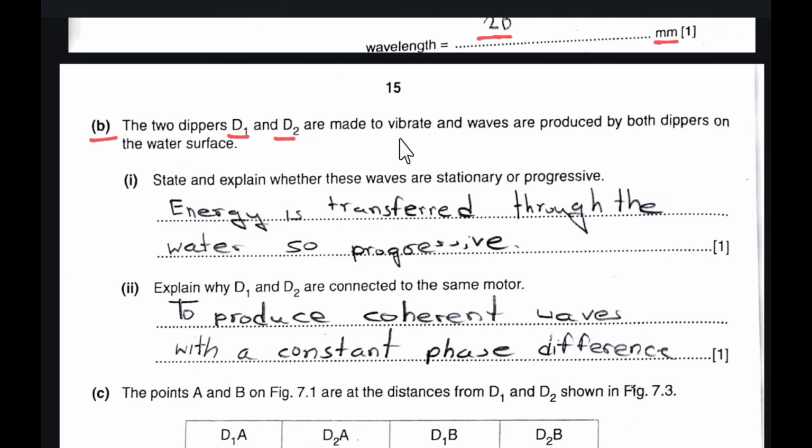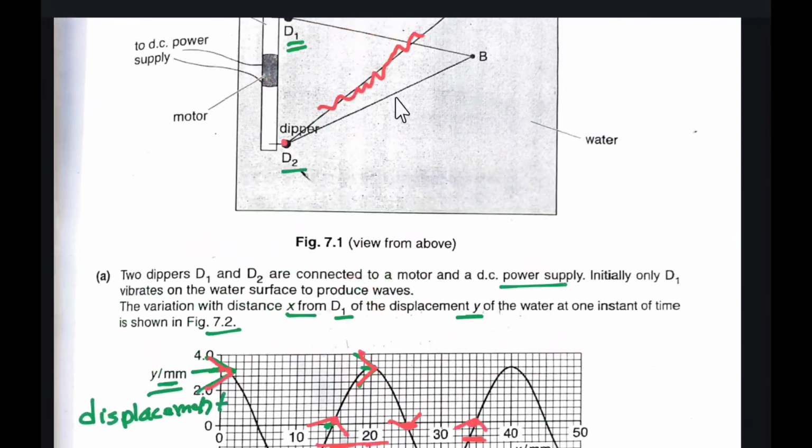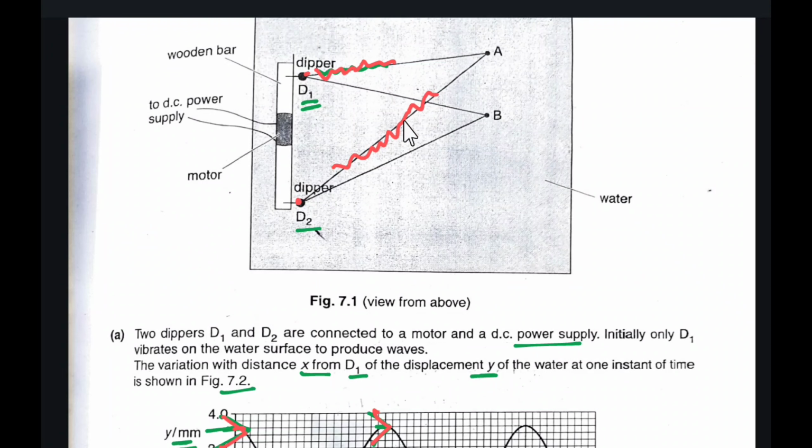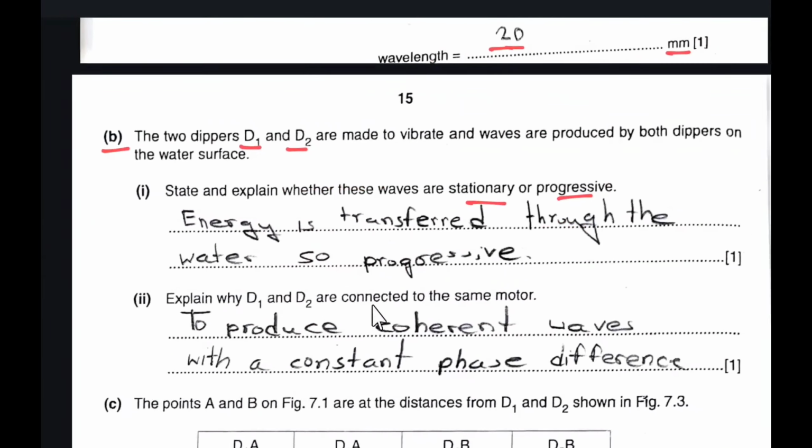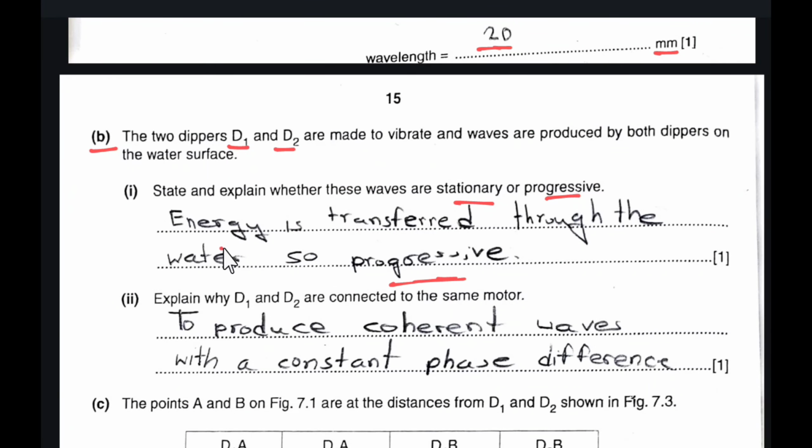Part B. The two dippers D1 and D2 are made to vibrate and waves are produced by both dippers on the water surface. State and explain whether the waves are stationary or progressive. As we can see, as the dippers vibrate, energy is transferred, and therefore these waves are progressive waves. The wave is progressive because energy is transferred.